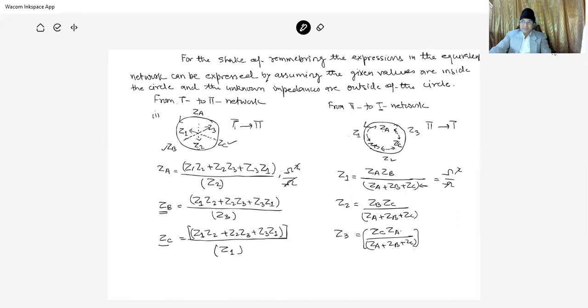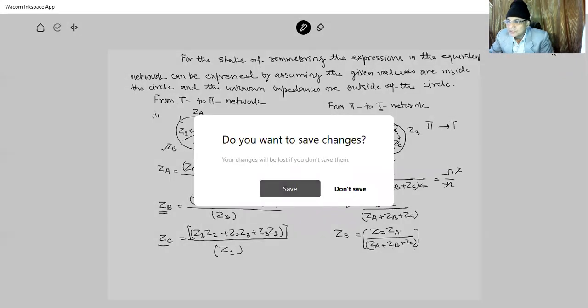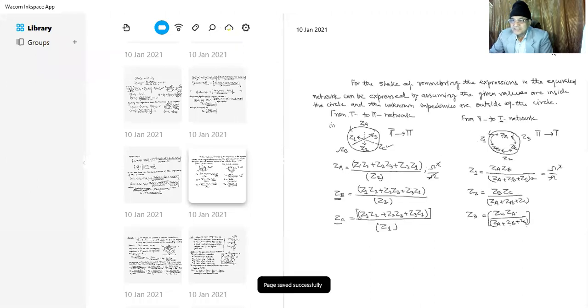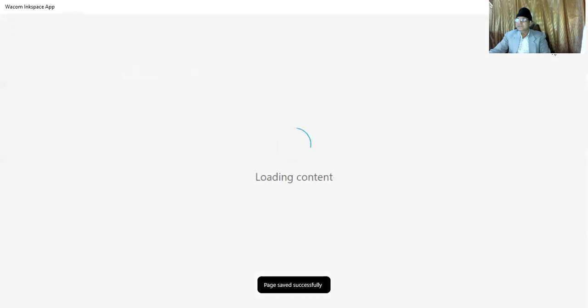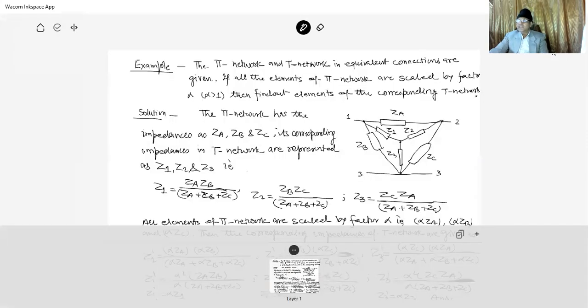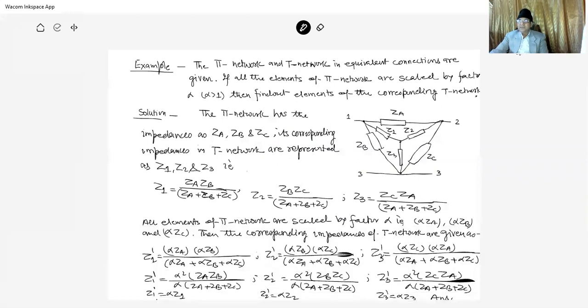network. Now we have to take the examples, and on the basis of this example, we have to try to clarify the values of the network in the given sequence. Now here is example one. The pi network and T network in equivalent connections are given.